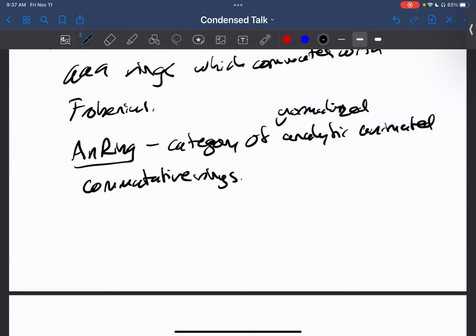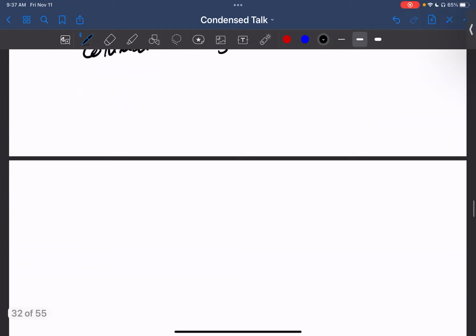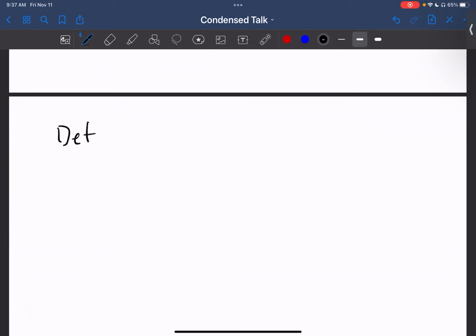All right, so working in ANRing, we're going to define two nice classes of maps.